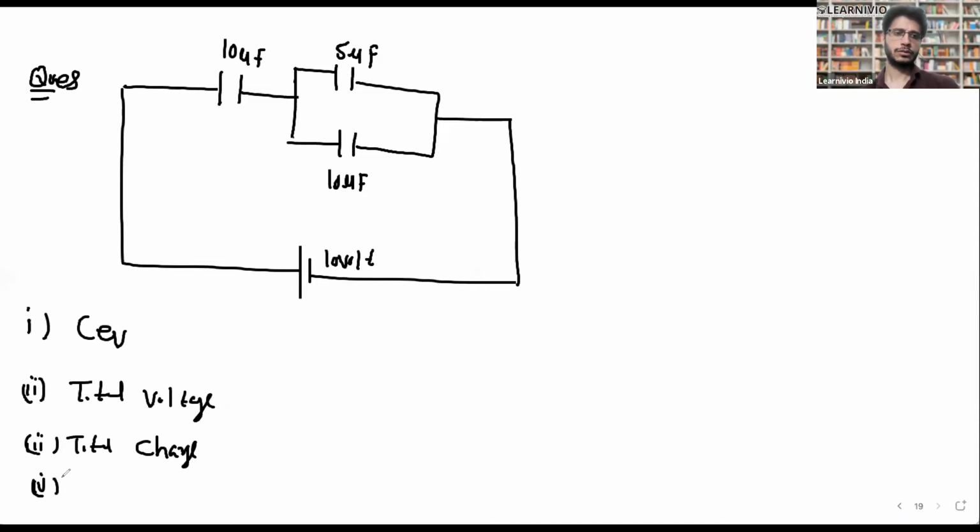And fourth is total voltage, total charge, voltage across each, and fifth, charge stored in each.